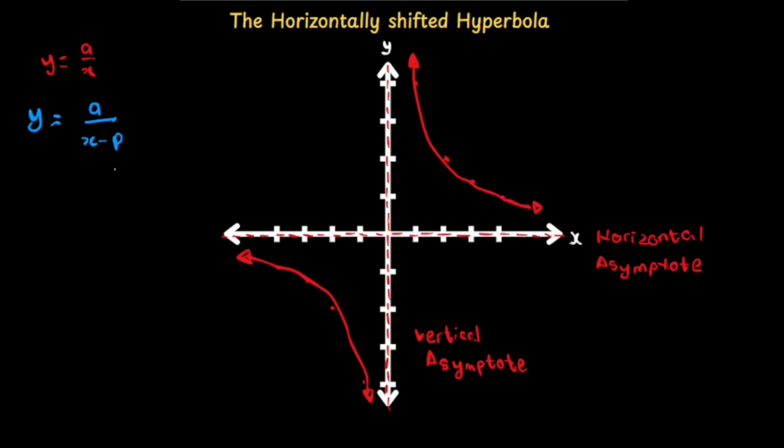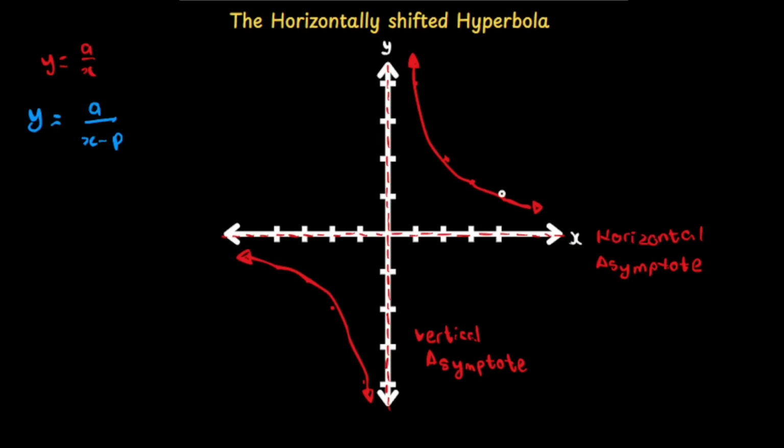So if I wanted to shift this hyperbola to the right, I would have to give the vertical asymptote of this hyperbola a positive x value. Is that correct?